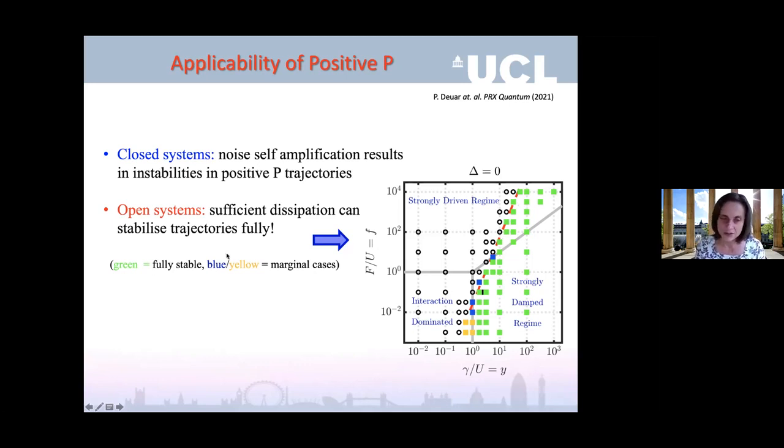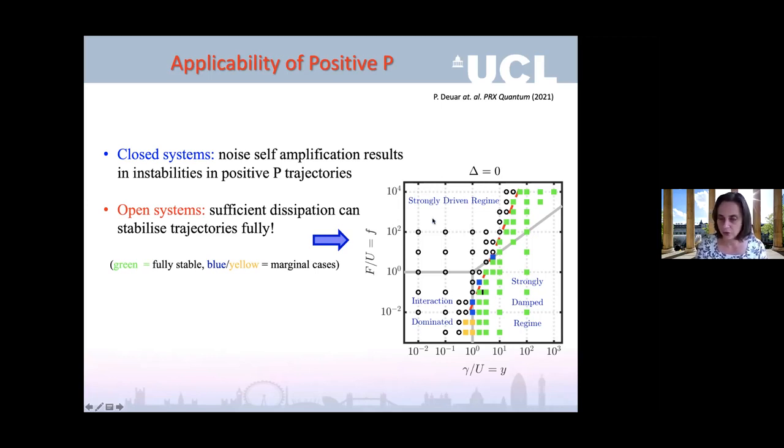All the colors, green, blue, and yellow, are cases where positive P was working and giving the exact solution to the problem. You can see that it worked very well in the regime where there is strong dissipation. It didn't work well in the regime where there's strong drive, but luckily this regime is very easy because the strongly driven regime is semi-classical.